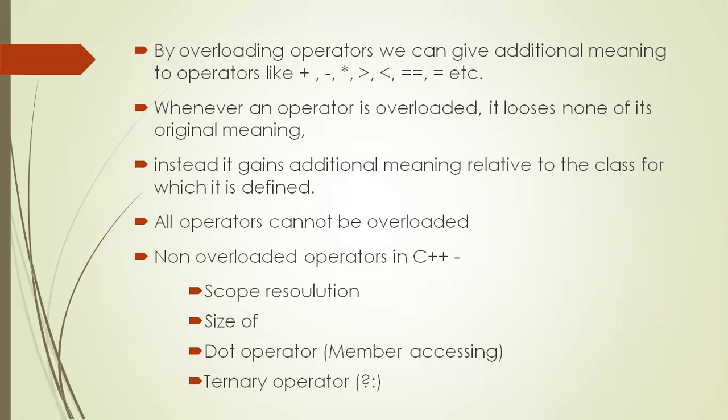So for these four or five operators, there is an exception that you cannot overload them. You have to use them only for their purpose. For example, the purpose of the scope resolution operator is to access the global value of a variable inside a particular function, or to define a member function of a class outside the class. You can use it only for that purpose. You cannot change its meaning. Whereas with the plus operator and star operator, you can change the meaning to behave differently.